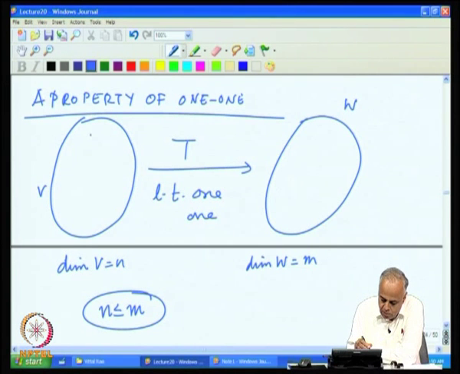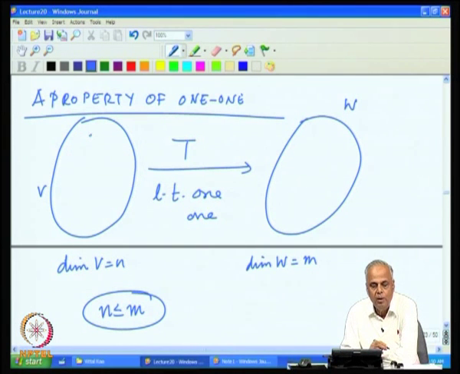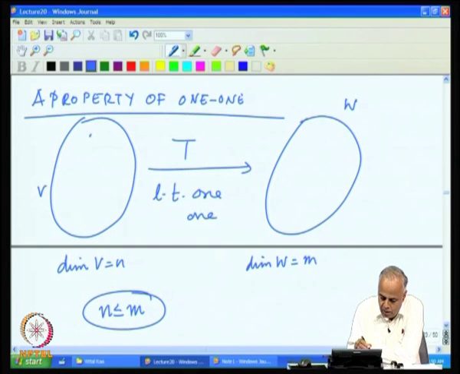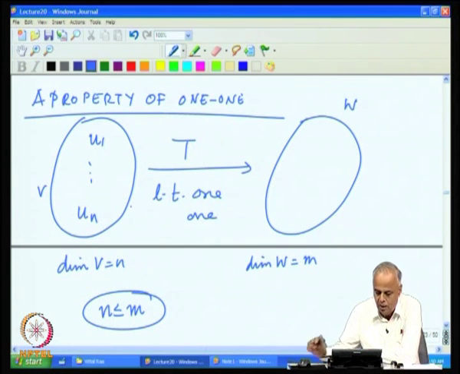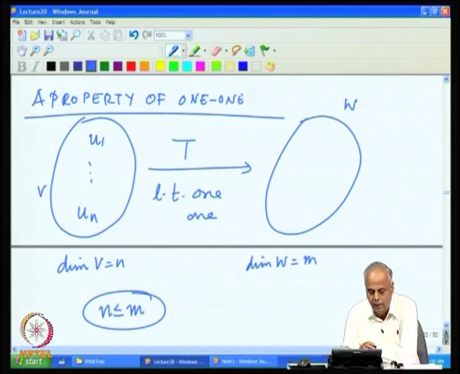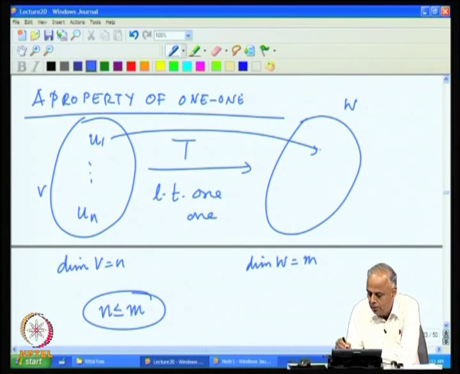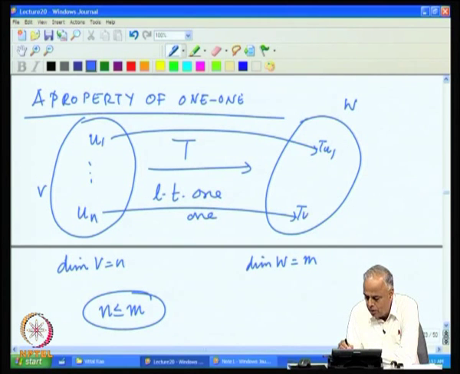Now, suppose I look for a basis in V, how many vectors should it have? Since the dimension of V is n, it should have n vectors. So, let us say I have a basis u1, u2, un. If I look at T u1, T u2 and T un, these will all be different vectors in W, because since T is 1-1, different vectors go to different images.